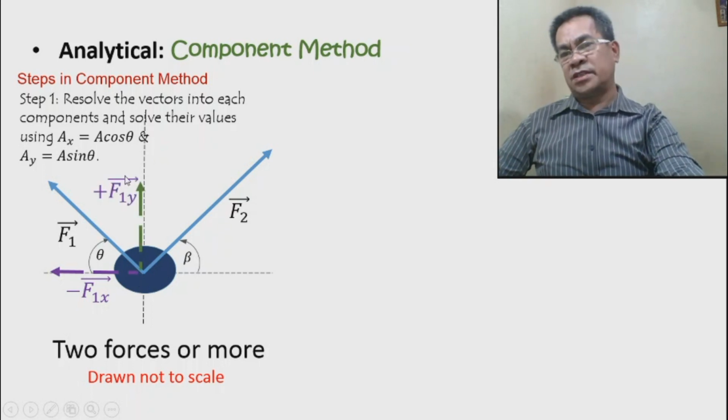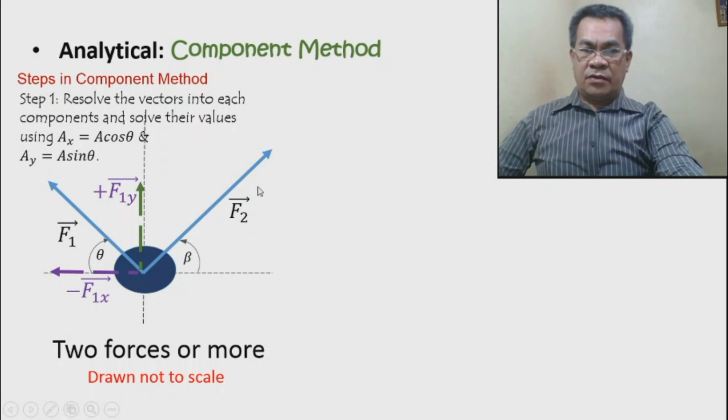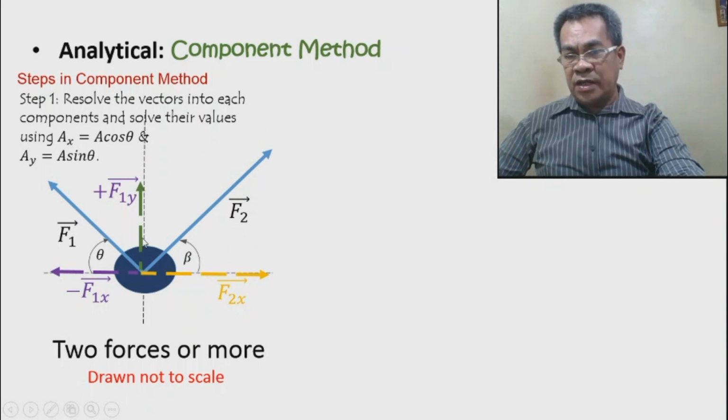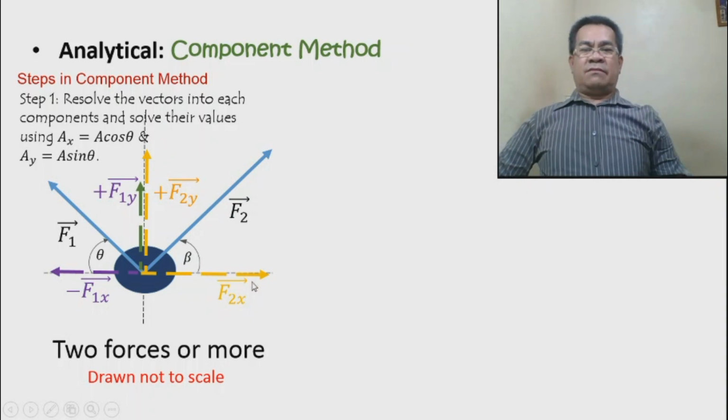So the x component of F1 is towards the negative and the y component is towards the positive because this is the second quadrant. Okay, so for the other force F2, we have the F2x projected by the imaginary line, then we have this vector. Take note, first quadrant, so all components are positive.